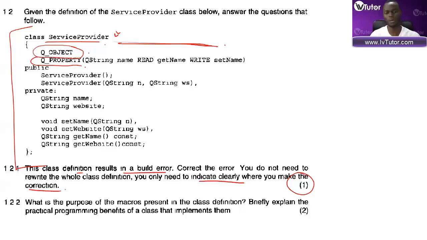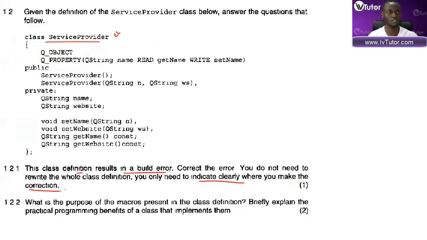1.2.2 then says, what is the purpose of the macros present in the class definition? Briefly explain the practical programming benefits of a class that implements them. Now, these are just theory questions which you need to understand a little bit. What macros are we talking about? We are talking about these two, right?